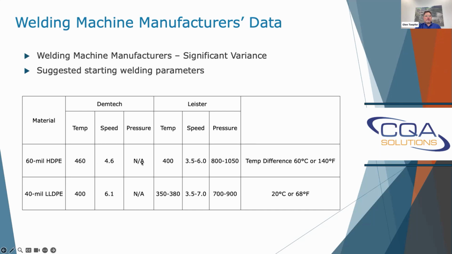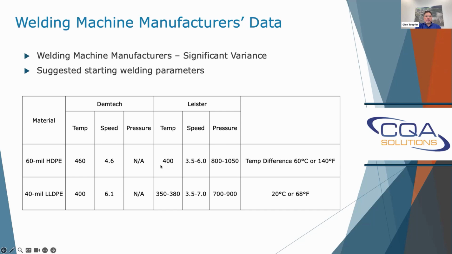They don't have a pressure defined on their machine. Leicester has temperature, speed, and pressure for both the materials as well. But what I thought was really interesting and kind of raised an eyebrow is that there is a difference of 60 degrees Celsius or 140 degrees Fahrenheit on the 60 mil between the recommended starting temperatures.